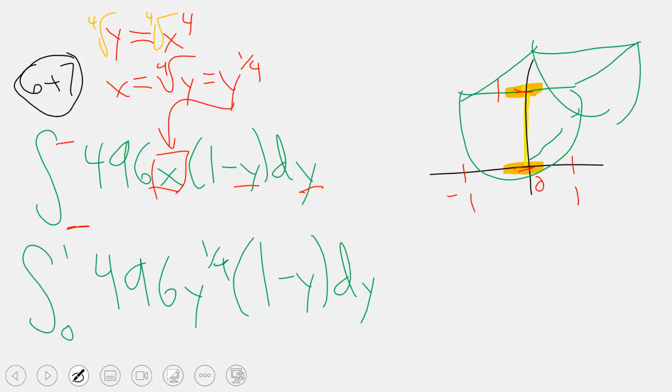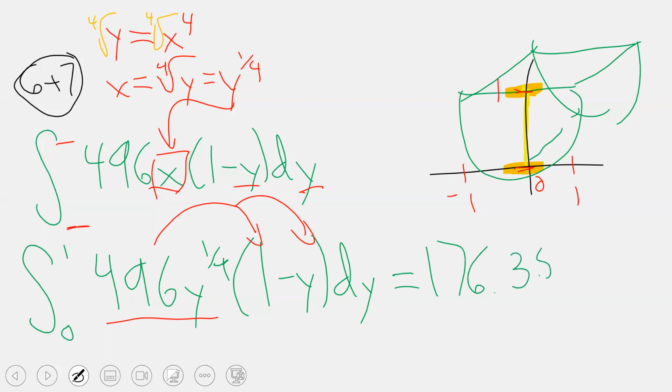Okay. And we can integrate that. I'm not going to go through all the steps of that right now. I'll leave that to you. I would say you'd want to distribute this into here before you integrated. And when you do that, you can check my work on this. I do believe we get 176.356 as our amount of work.